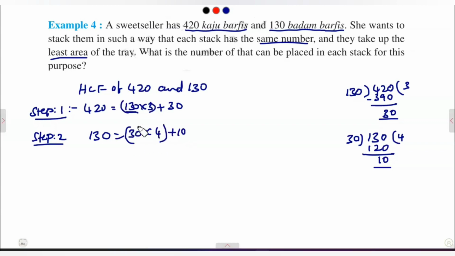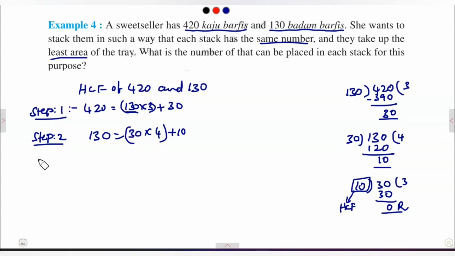Right? Next, let us divide continuously until we get 0 remainder. Let us take this 10 as divisor now and the previous divisor as dividend. Continue the division. 10 threes are 30. Simple. So we got 0 remainder. At the stage where you get 0 as a remainder, whatever is the divisor, that is our HCF.